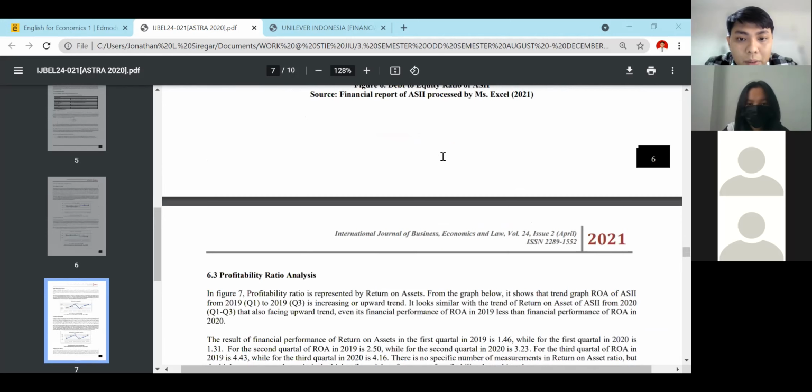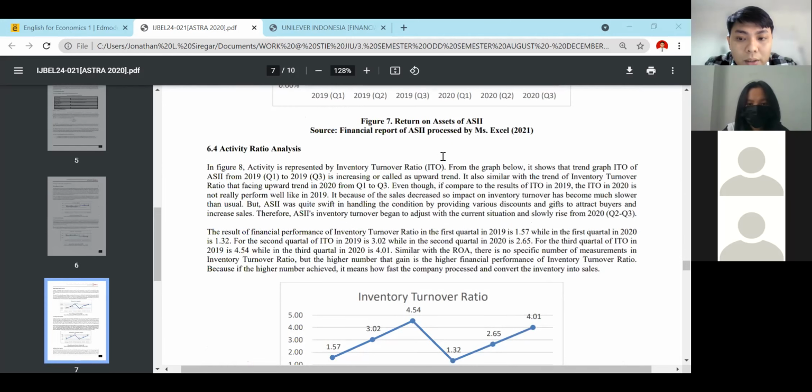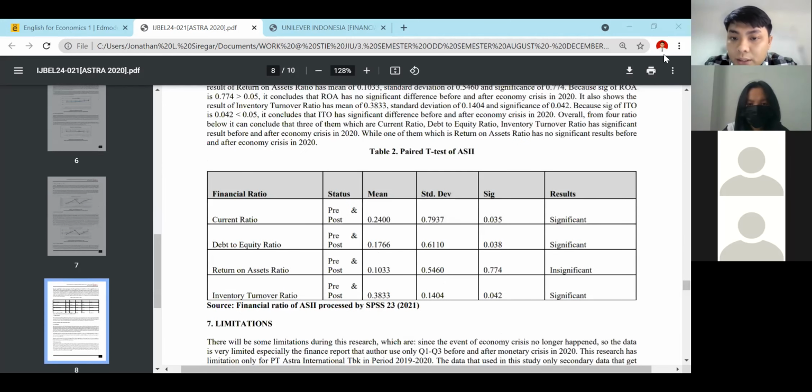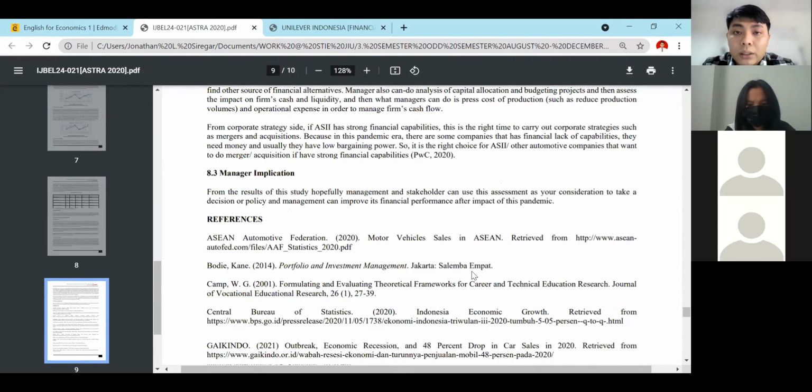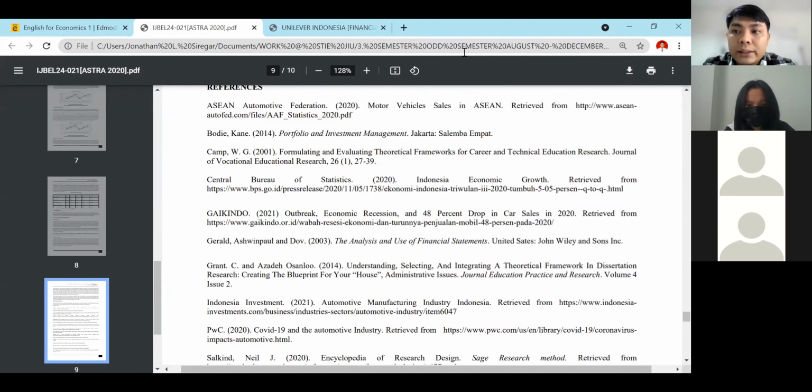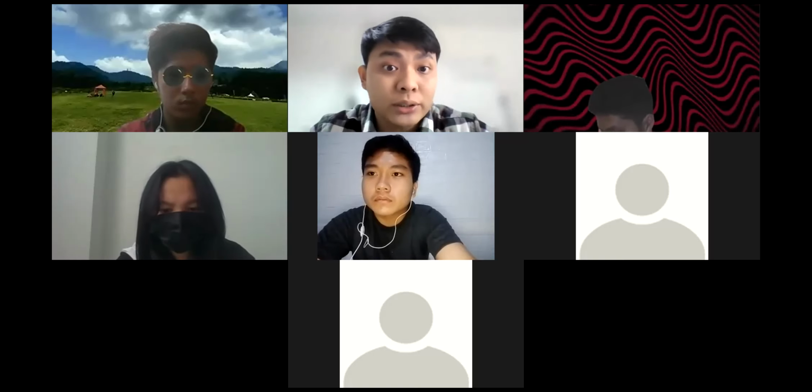You can see, significant means these financial ratios have a strong relation toward financial performance. There is the word significant, and significant, and also significant. But again, the thing that I wanted to show you is that they are all using all the ratios.